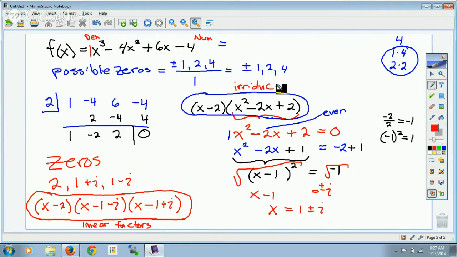The irreducible part means you can't factor it using rational numbers. But I can factor it using complex numbers.